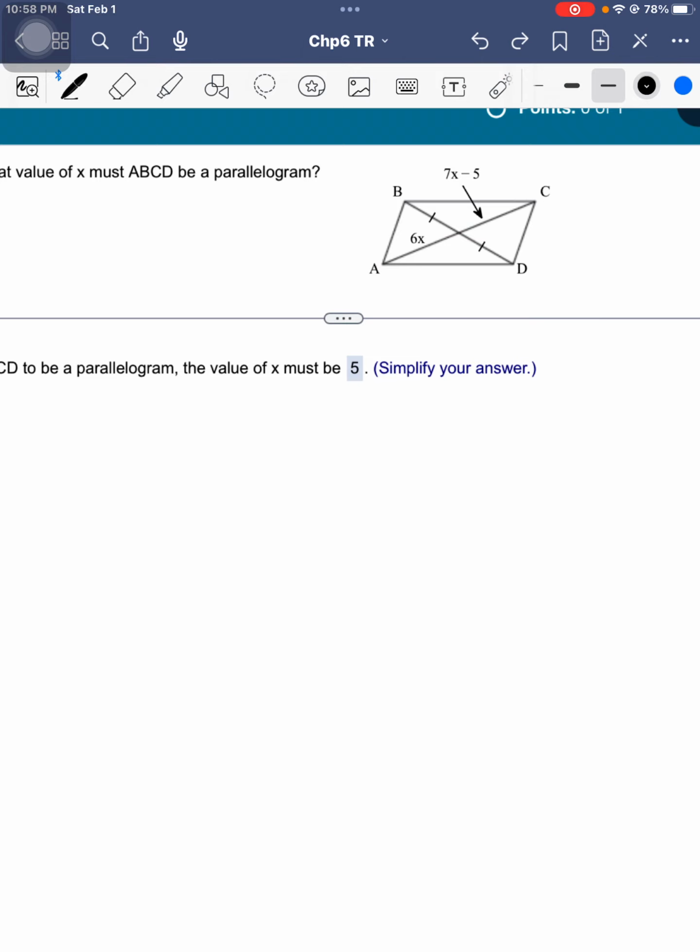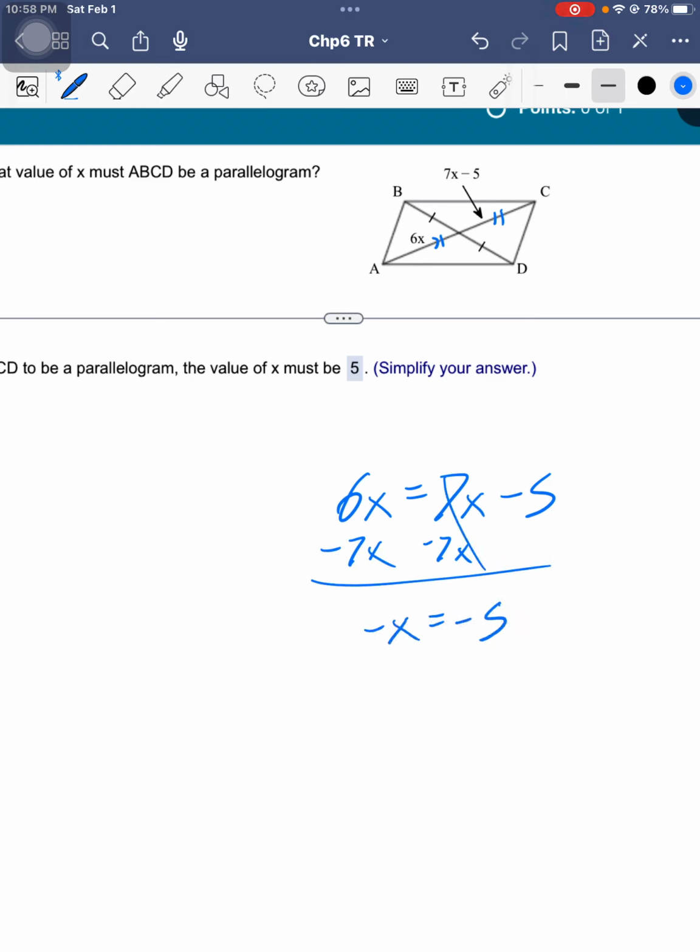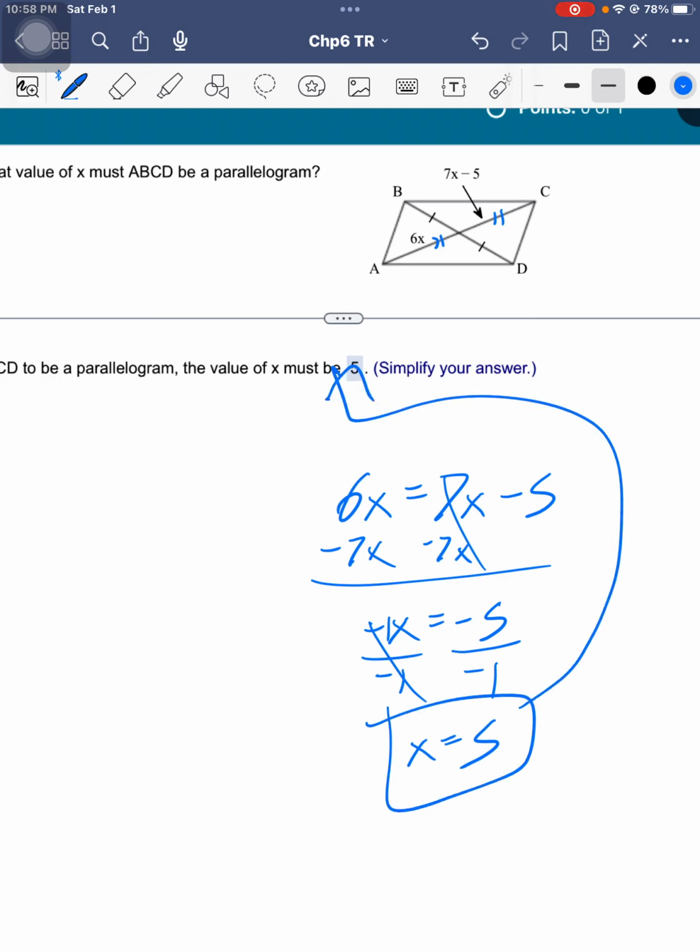They have to be congruent, so let's put them equal to each other. Minus 7x, negative x equals negative 5. Divide by negative 1, because there's an invisible 1 here. X equals 5. So in order for this to be a parallelogram, x has to equal 5.